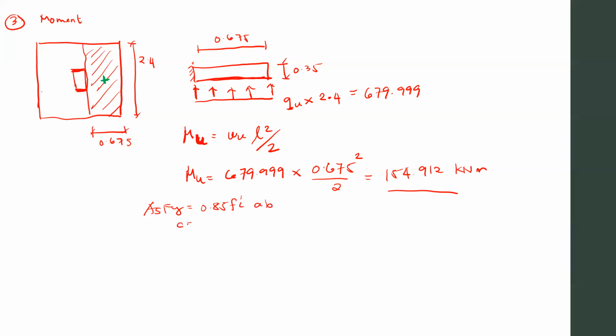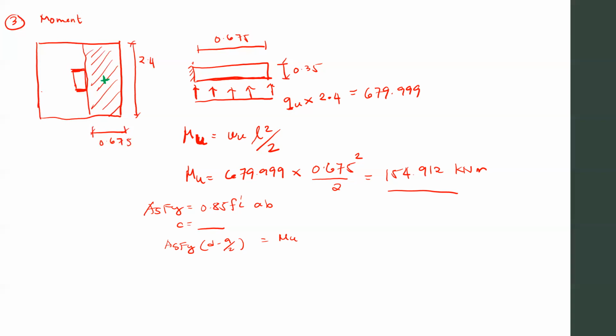Solve mo yung C. Pagka-solve mo ng C, gawin yung AS Fy D minus A over 2 then equals to MU. Ganyan ba yung approach nyo sa reinforced concrete design? Tama ba? Tama no, ganito yung binigay sa inyo na approach.